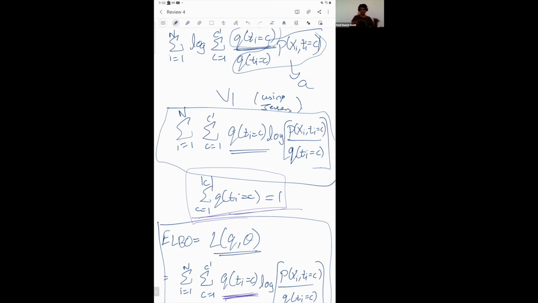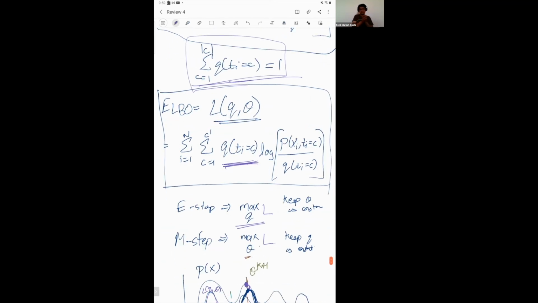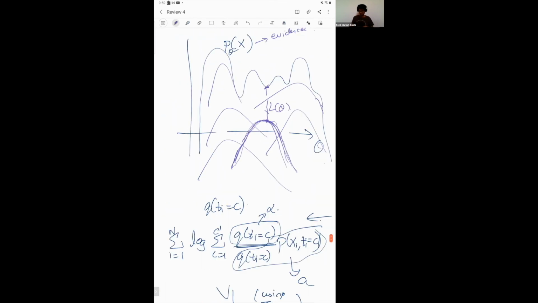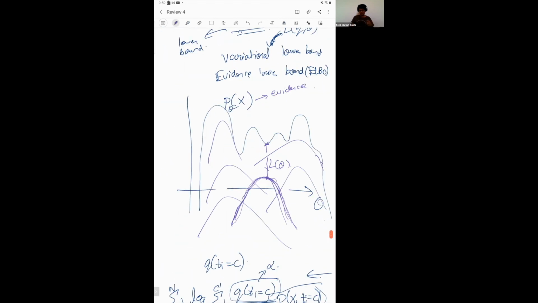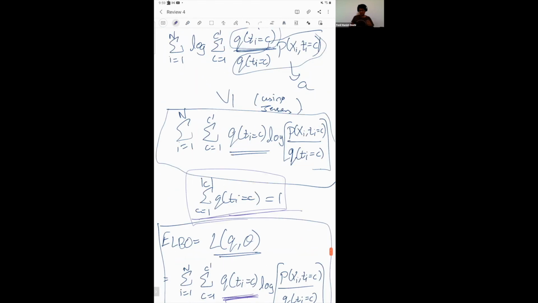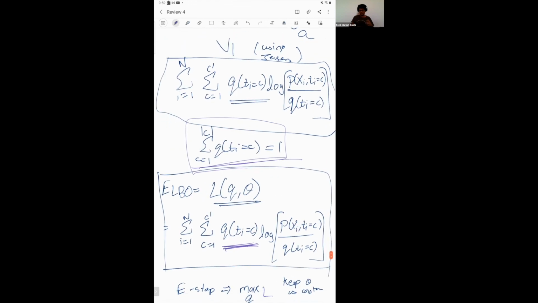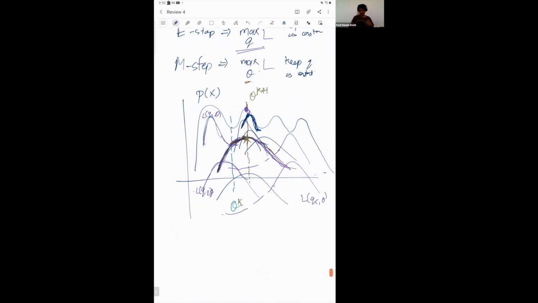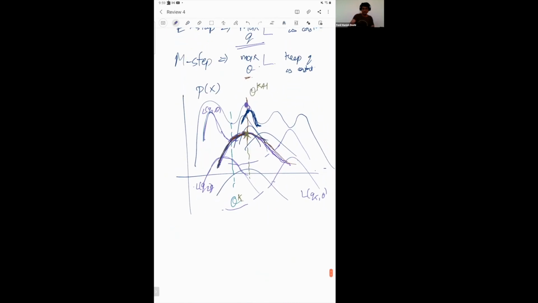It's just a free parameter that we have introduced. And so now instead of considering a single lower bound, as we saw, which might end up at a local minimum, we are considering a family of lower bounds. I hope that answers your question.